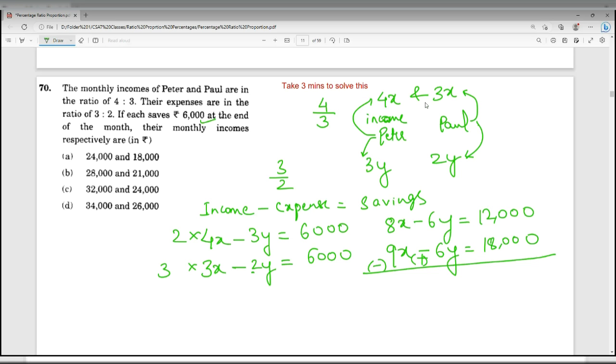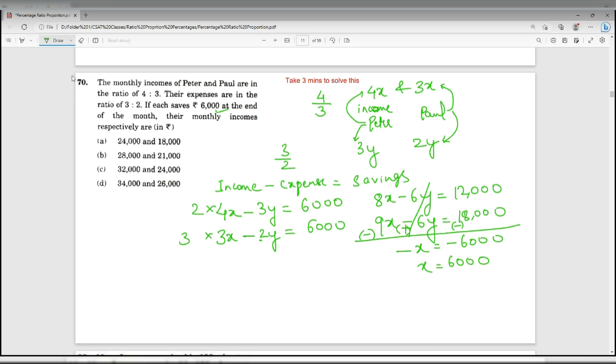Cancel this. This is minus x is equal to minus 6,000. x is equal to 6,000. So we know that x is 6,000, and the income of Peter is 4x and the income of Paul is 3x. 4x would be 4 into 6,000 rupees, which is 24,000.